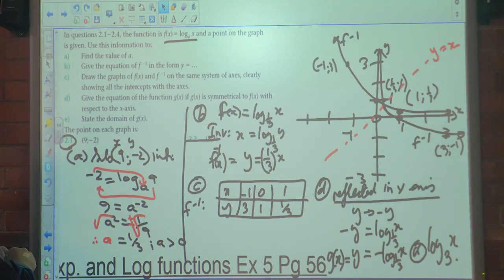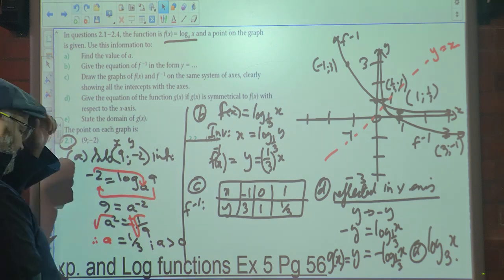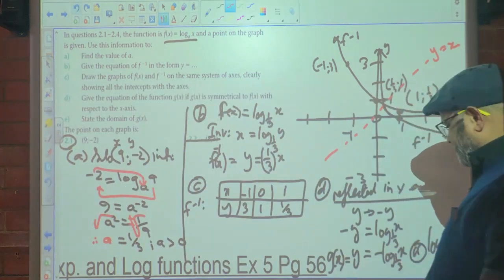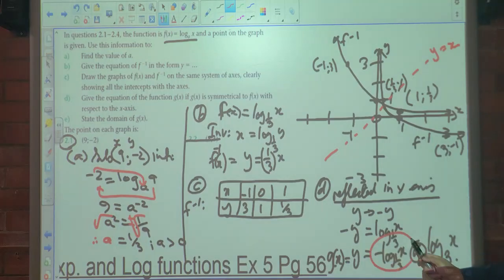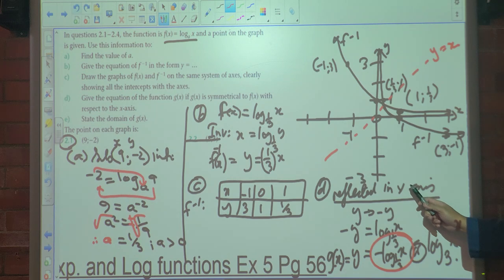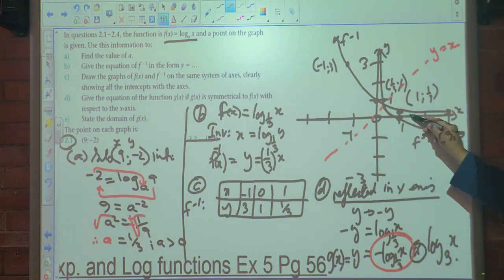That is D. State the domain of g. So this is the graph they're looking at. Okay. But this was reflected in the x-axis. So if you look at the original function, the domain of this function is x is an element of, or x is greater than 0. As you can see, this graph only exists from 0 in that direction.